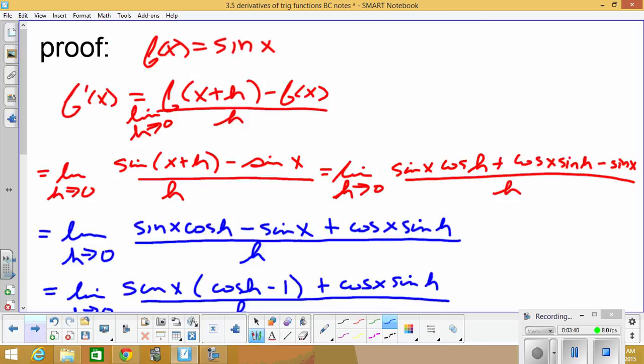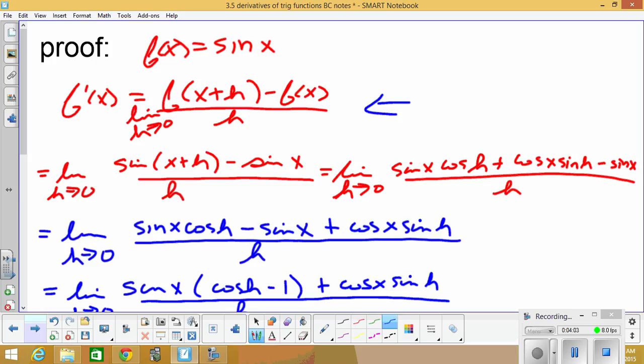If we want to prove what the derivative of sine x is, we're going to use our original definition of derivatives, where f prime of x is equal to the limit as h approaches 0 of f of x plus h minus f of x over h. That's this line. So we're going to use it with sine x, and we plug it in.